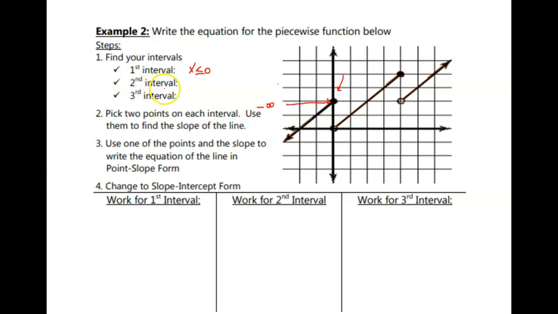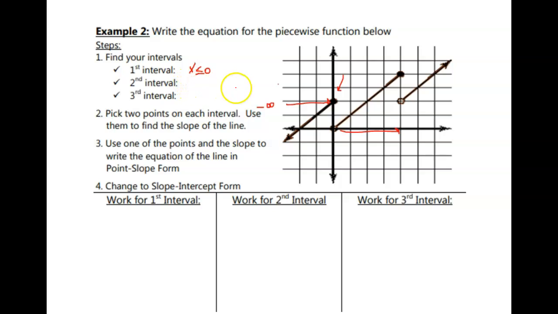My second interval starts at 0, and we keep going on the x-axis until we stop right here, at 4. So we're looking again at the x-axis to write this interval.